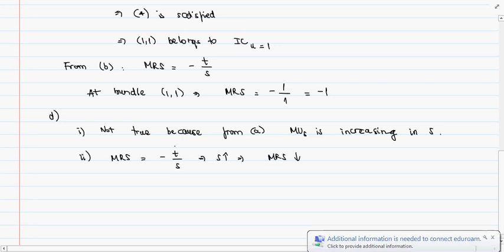So the marginal rate of substitution is decreasing in S, and therefore the statement is correct.